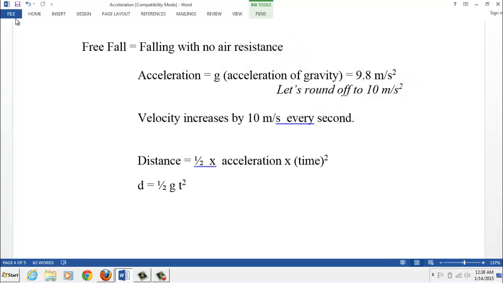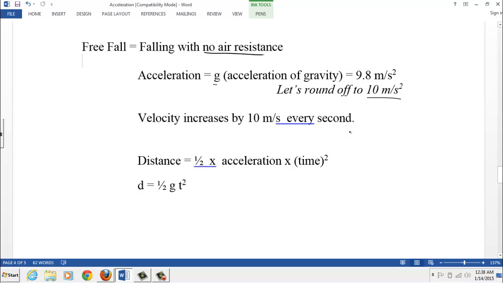That was a fun little video illustrating free fall, jumping off a platform onto an airbag. Here are some things we talked about already. There's no air resistance. The acceleration due to gravity for that person jumping off the platform, we round off to 10 meters per second squared, and that means the acceleration changes the velocity 10 meters per second every second.